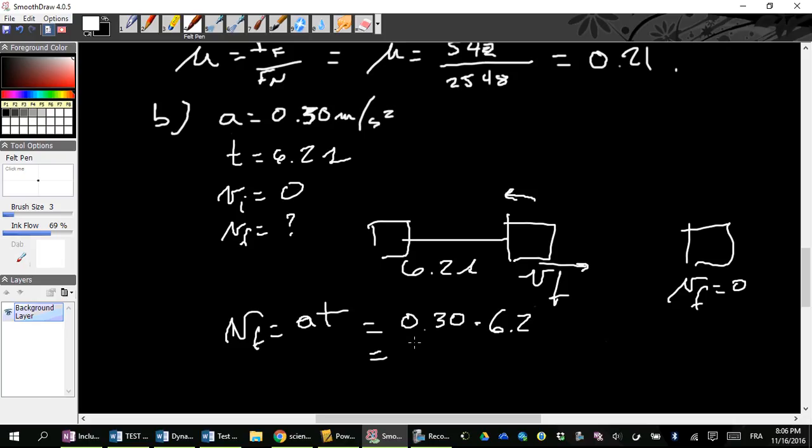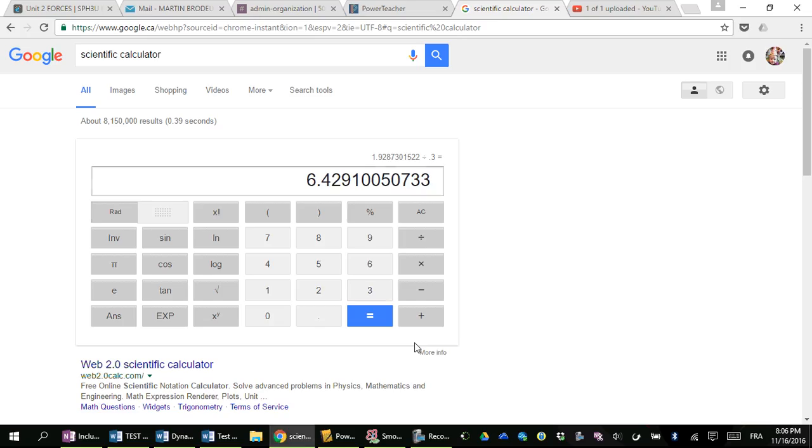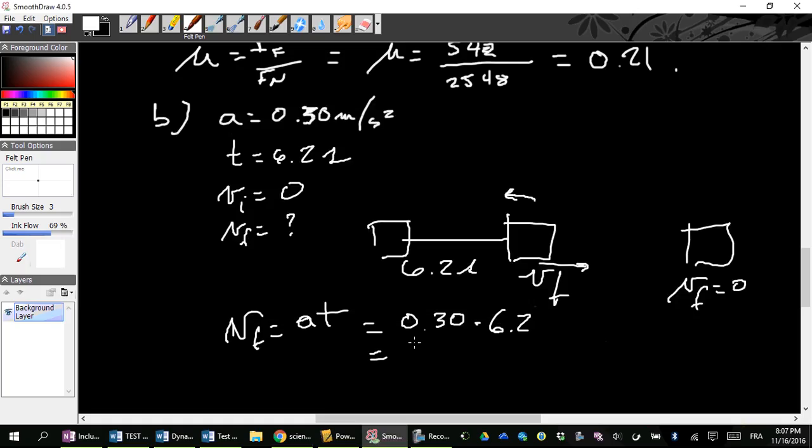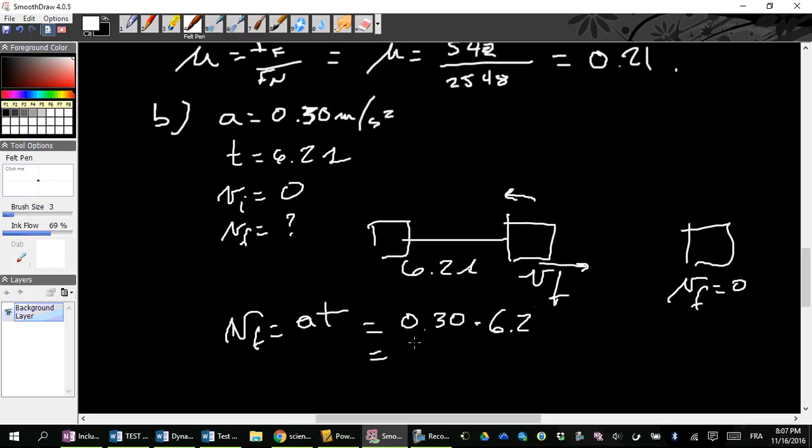That gives me this. This is the velocity final before they stop pushing.